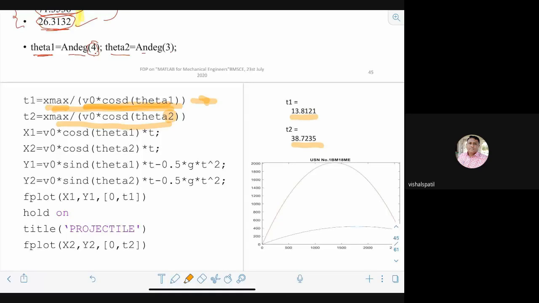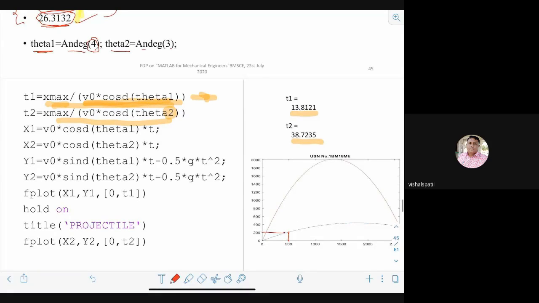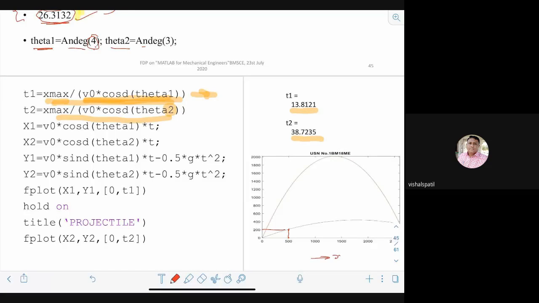Okay. Now I need to plot it. So you need to get this as a function of time, at various positions. So shall we define this as the distance covered here? This is x and this is y.